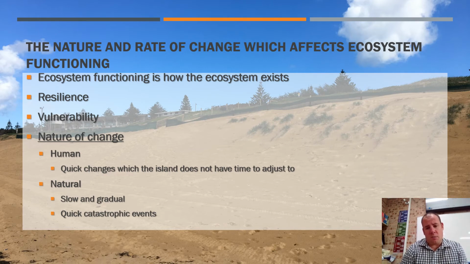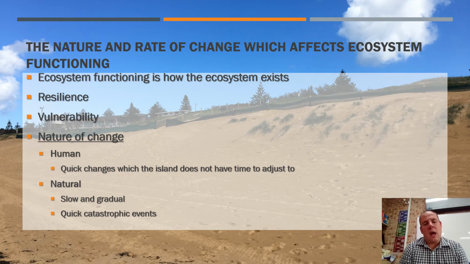So for example, if that vegetation didn't get enough water, it's built up its resilience because a lot of those plants can withstand going a long period of time without fresh water, or are adapted to use the salt water to keep the plants growing. So that's what we mean by slow and gradual change, and how it affects the function in terms of resilience and vulnerability.